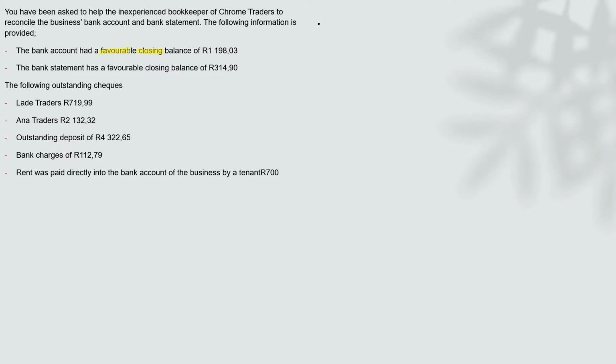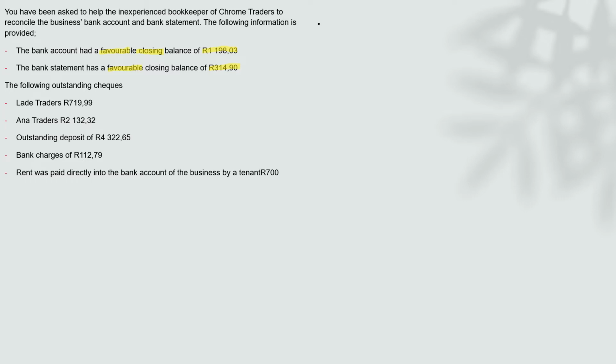That's a ledger account that we're talking about, of 1,198 rands and 3 cents. Then the bank statement has a favorable closing balance, and if it's favorable in the bank statement, that will be a credit balance of 314 rands and 90 cents.